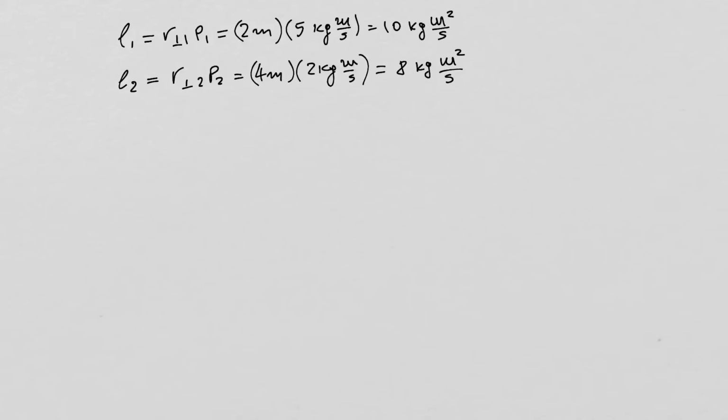To find the net angular momentum of the system L, I simply must add the two vectors L1 and L2. However, here I must account for the direction of each of those two angular momenta with respect to the origin, because when I calculate this sum, the direction of each of those will determine how I add them together.